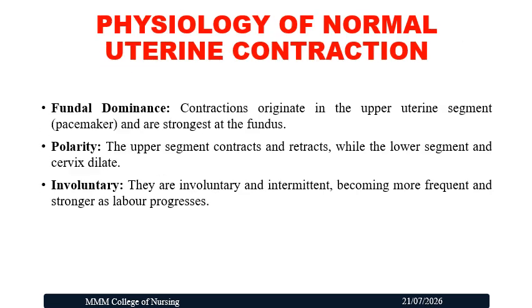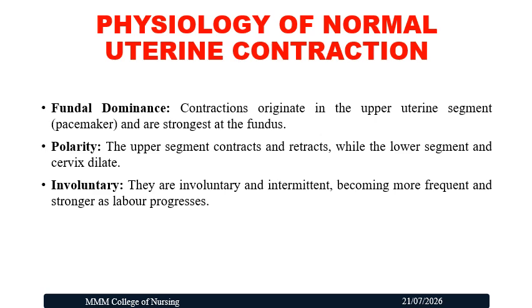Physiology of normal uterine contractions: fundal dominance, polarity, and involuntary. Fundal dominance means the contraction usually starts in the upper uterine segment, which is a pacemaker, and it is the strongest at the fundus.